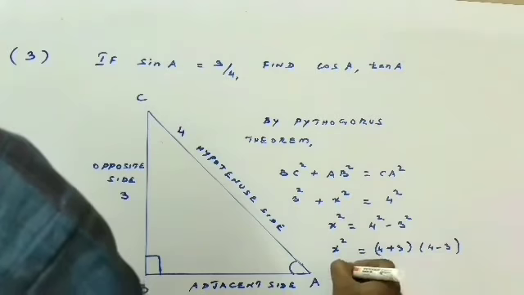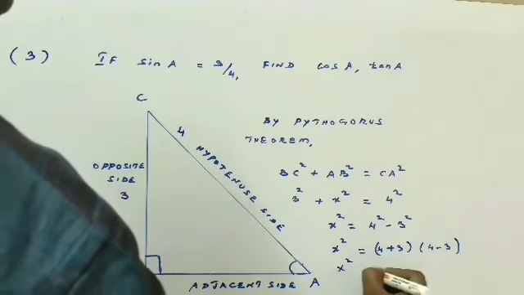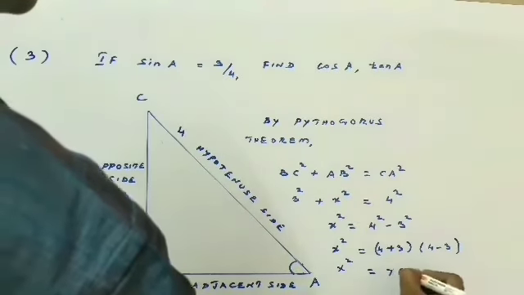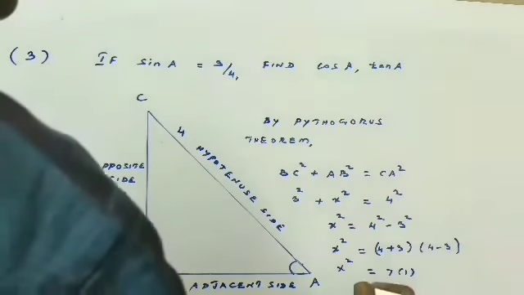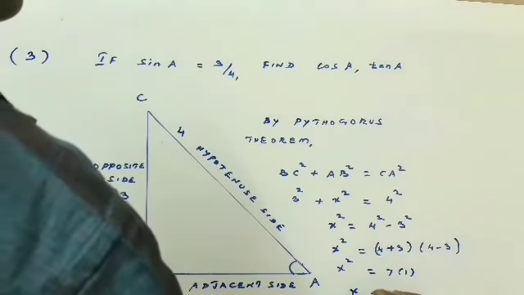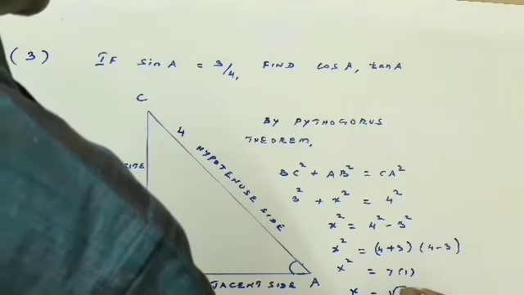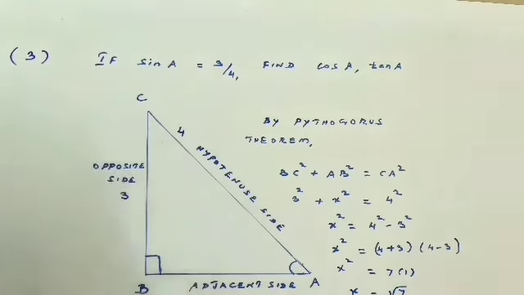So x square equals 7 into 1. So the value of x square is 7. We need to find the value of x, so taking the root of that value, that is root 7. So put root 7 for the side AB.